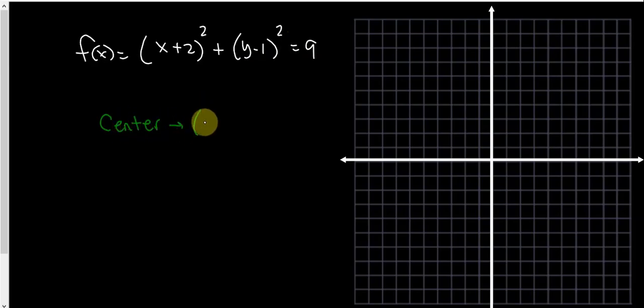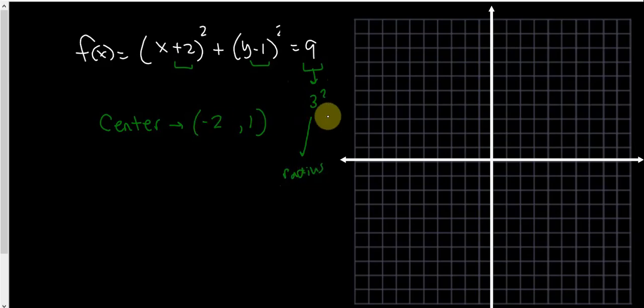What is the center point here? It is (-2, 1), because remember, this is the opposite of the x coordinate, this is the opposite of the y coordinate. So +2 here, so -2. -1 here, so +1. Now what's the radius? That is the same thing as 3 squared, so 3 is the radius.